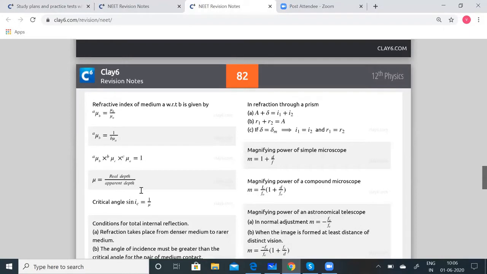Say, when you place a coin in a bucket of water, you feel as if the actual depth is not shown. Instead, the coin appears much nearer than the actual distance. The distance which we see is called the apparent depth. So real depth by apparent depth gives you the refractive index of the medium.